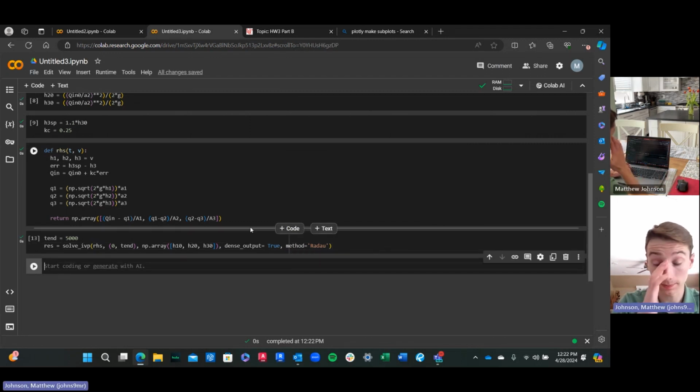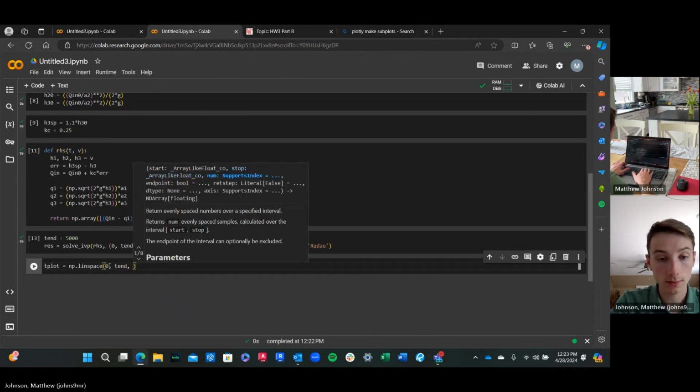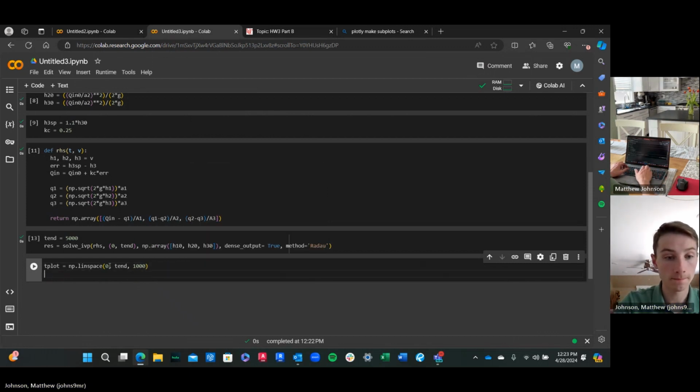Okay, so now we can start plotting. So we need a t-plot equal to np.linspace from 0 to t end. We're going to do, I guess, 1,000 increments.